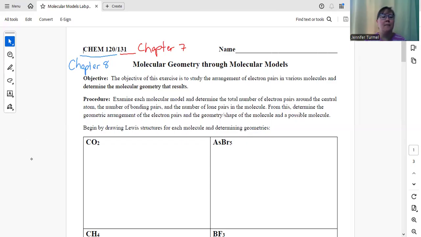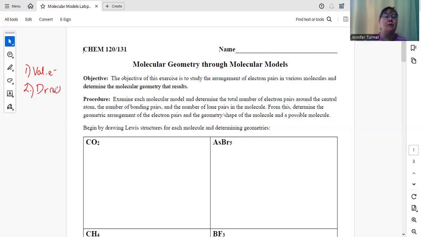All right. Welcome. Okay, so here we are. What we're going to be doing for working through this is I'm going to be working through a series of things. The first thing I'm going to do for each one is count my valence electrons. And the second thing I'm going to do for each one is draw a Lewis structure. And we would be doing this in class as well.